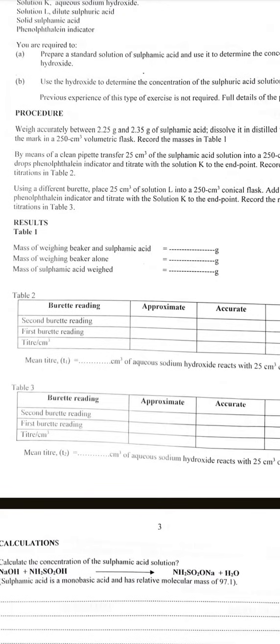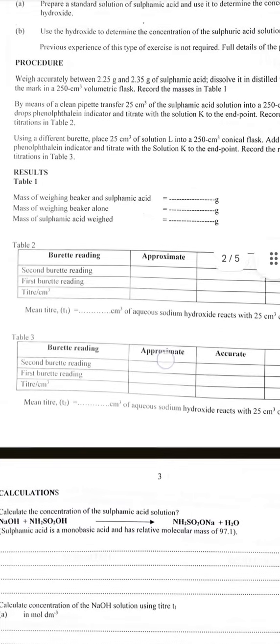Then with your volumetric flask there, use a funnel to transfer the solution in the film cup into the volumetric flask. Make sure you rinse the funnel, the film cup and the stirrer, and then make it up to the 250 cm cube mark, and shake so that you have a uniform solution. That is it for the preparation of the standard solution.